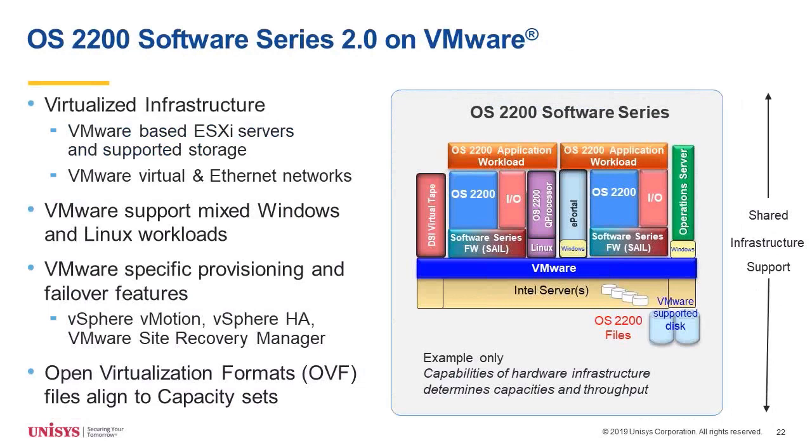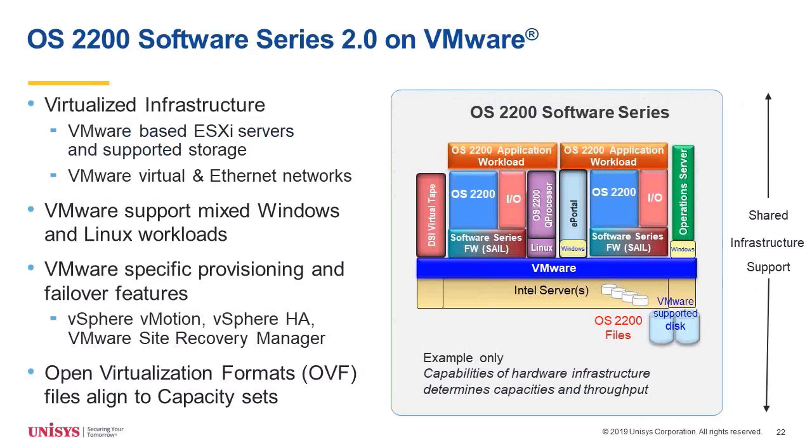Talking a little bit about VMware here, here's a sample VMware configuration. Now we're actually showing a couple of VMware instances running on a common server or servers. Again, you have to be cognizant of the number of cores that are needed to support this, and this is really only an example. The nice thing about VMware is you've immediately gained access to any of the VMware storage types that are supported by VMware.